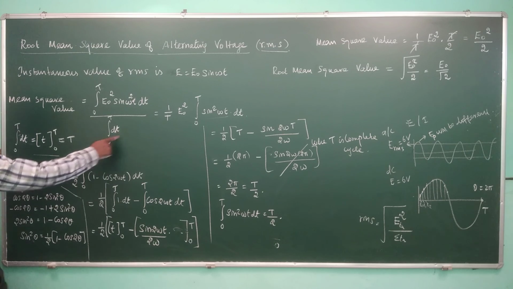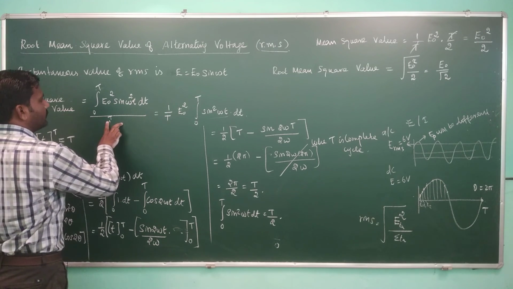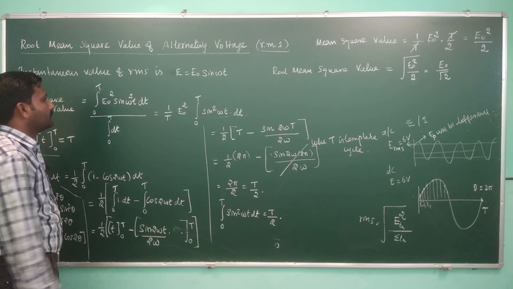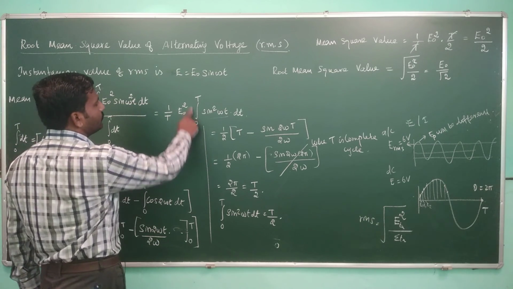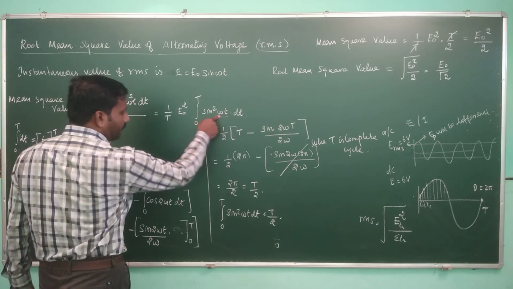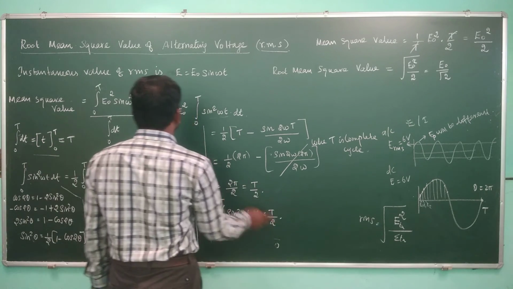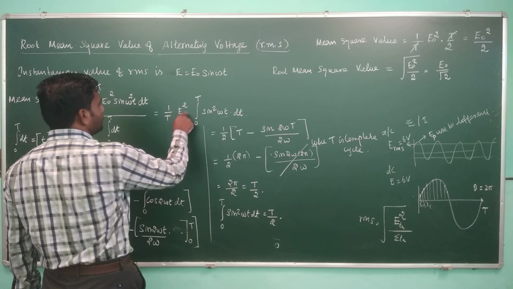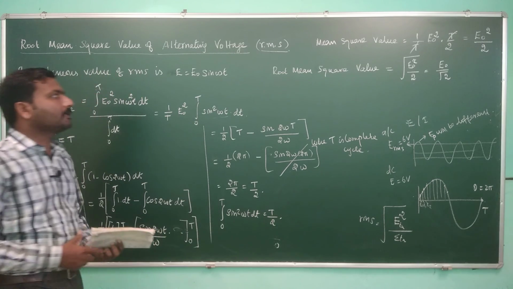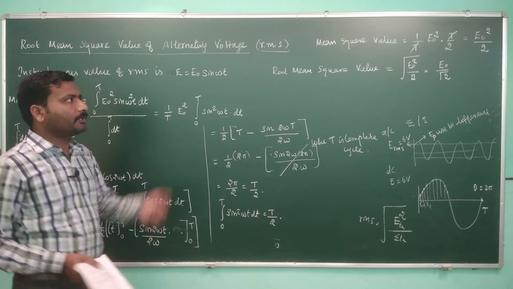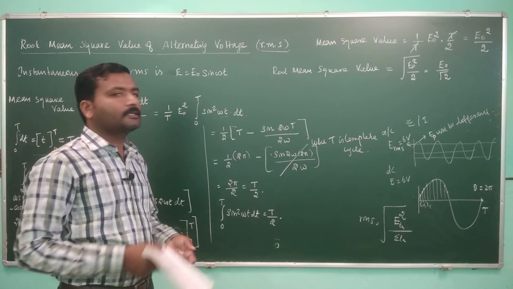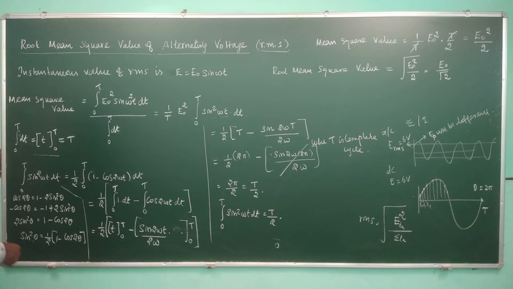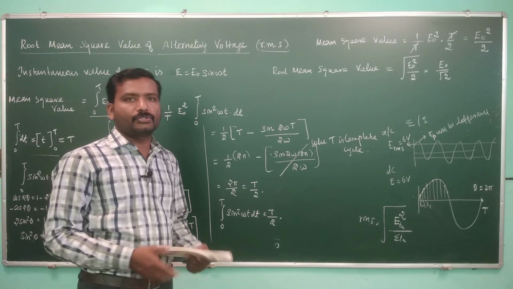For this we get 1 by T, and we have taken E naught square out as a constant, leaving the integral of 0 to T of sin square omega t into dt, which ends up as T by 2. Substituting this, we get the mean square value as E naught square by 2, and taking the square root, we get E naught by root 2. So this is the root mean square value of the alternating voltage.